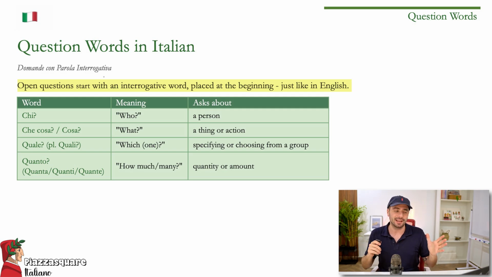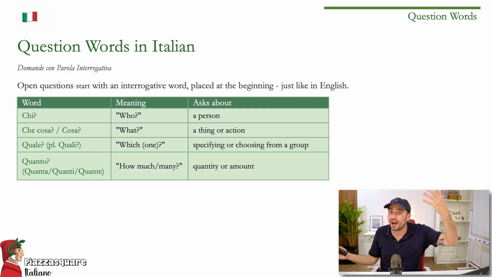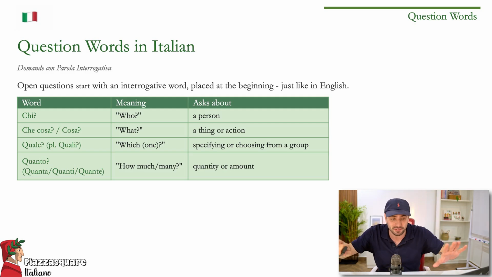The main Italian interrogative words we will cover today are chi, who, to ask about a person, che cosa, or simply cosa, what, to ask about a thing or action, quale, which one, asks to specify or choose in the singular, quanto, with variations quanta, quanti, quante, how much, how many, asks about quantity or amount, and these words allow you to ask for specific information.